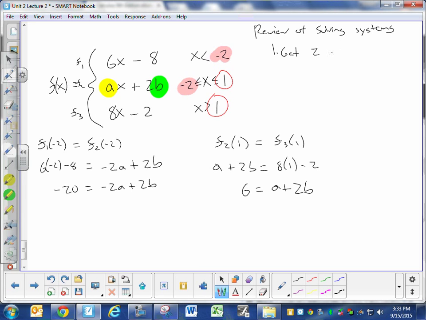So you need two equations to solve a system. Two equations for two unknowns. Now, different methods. You can either use the substitution method, which is solve for one variable in one equation, plug into the other.